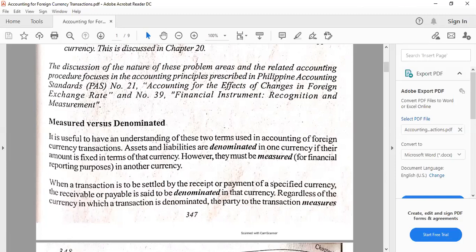For example, a purchase transaction is stated in United States dollars, but because the company is based in the Philippines and entered into the import transaction, it should be measured in Philippine pesos. That's why denominated versus measured would not be the same.